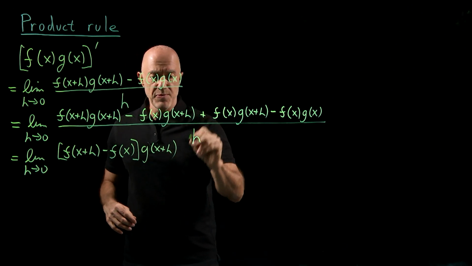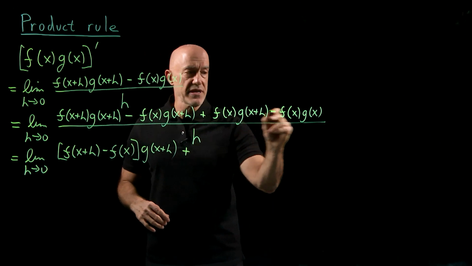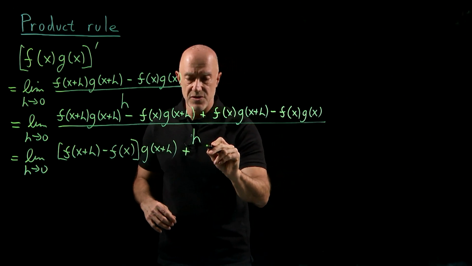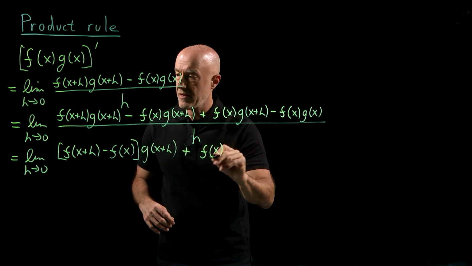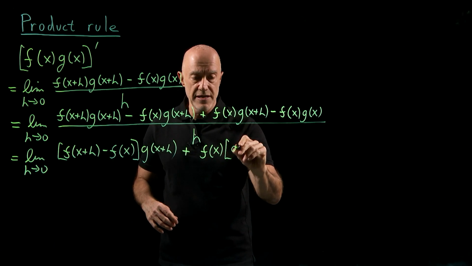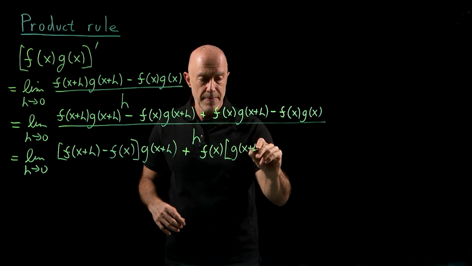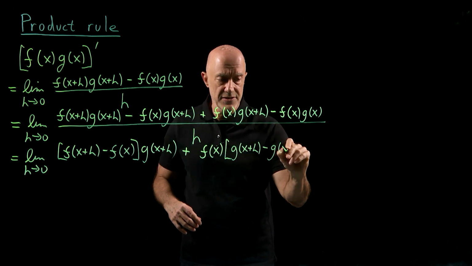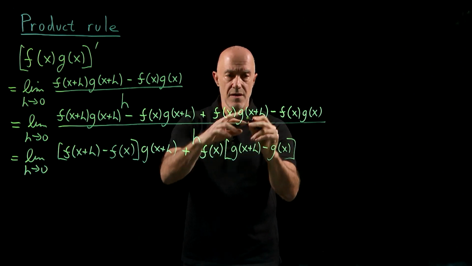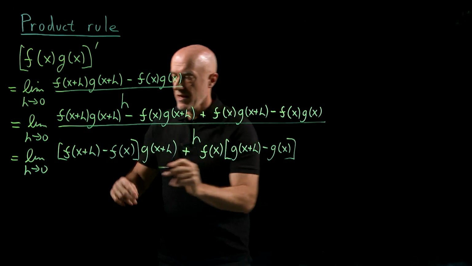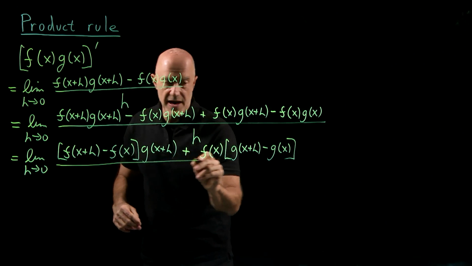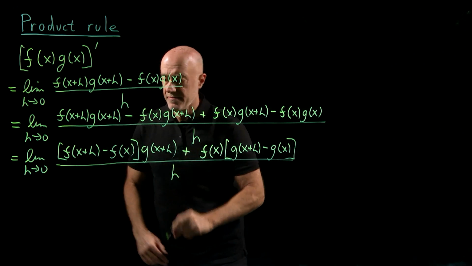And then we have a plus, and then we can factor out an f of x. So we have an f of x, and then we have a g of x plus h minus g of x from the second two terms. And then all of this is divided by h.